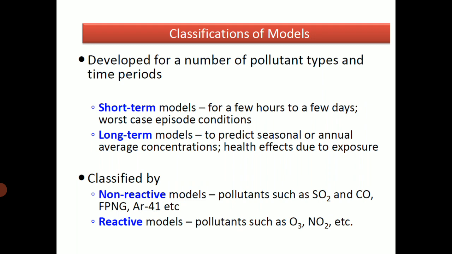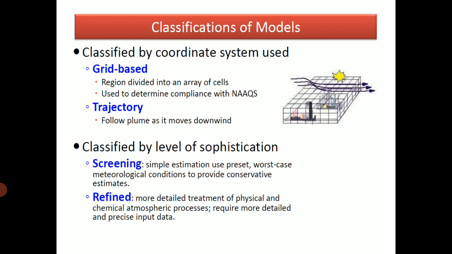Then based on the nature of the pollutant, whether it is reactive, non-reactive or inert, non-reactive and reactive models are there. Then based on the coordinates used, grid based and trajectory based models, and also based on the level of sophistication, that is, the accuracy required, two types of models are there, screening models and refined models, okay.